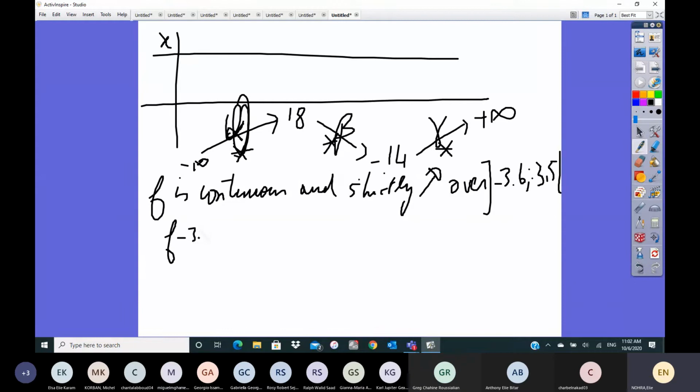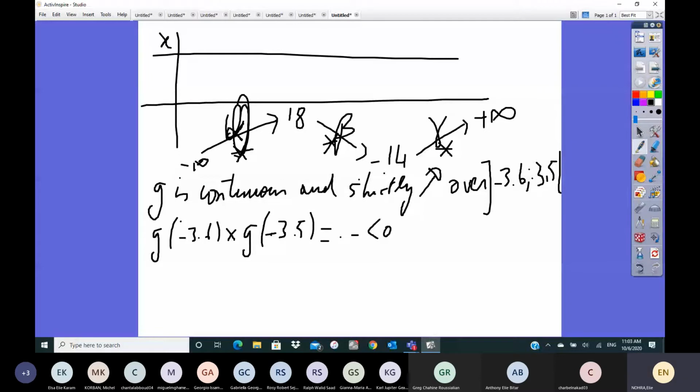G of minus 3.6 times G of minus 3.5 equals, you know the rest, negative. It's G, not F, guys. And you repeat the same sentence two more times, one for beta and one for gamma.